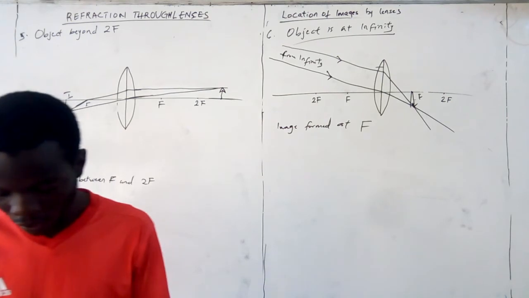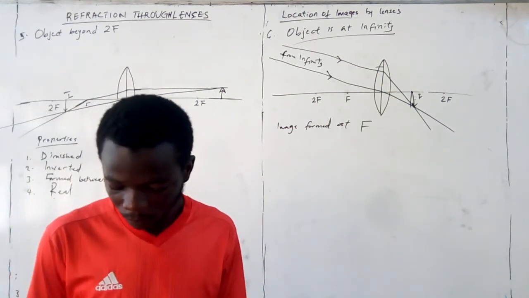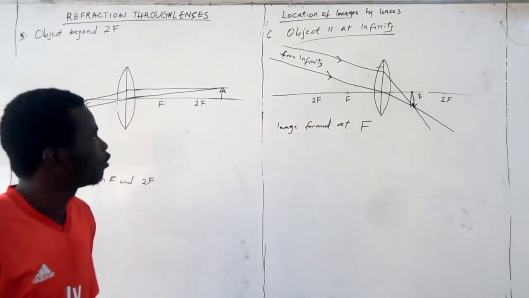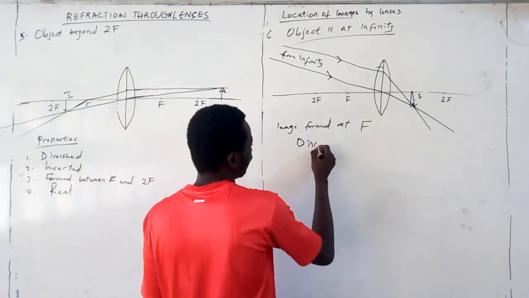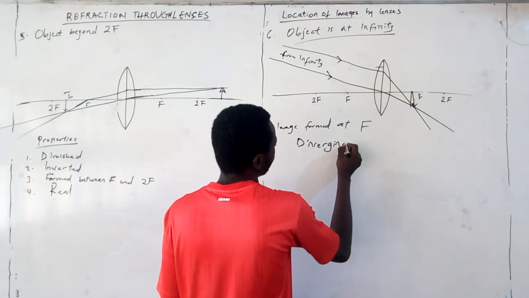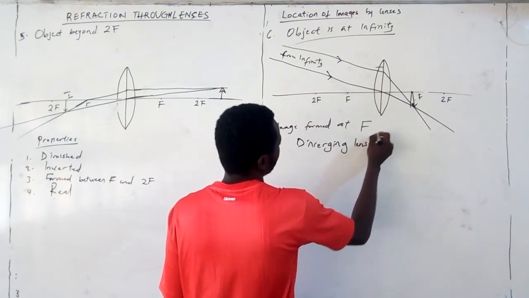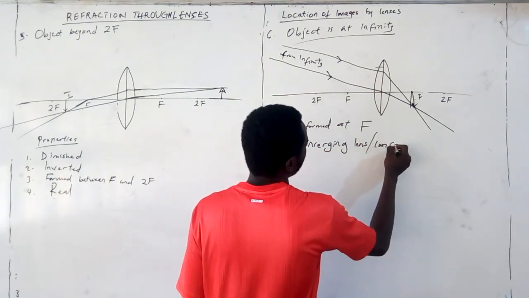Now let's look at how images are formed by a diverging lens, that's concave.